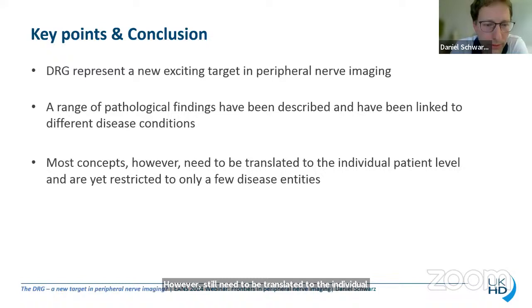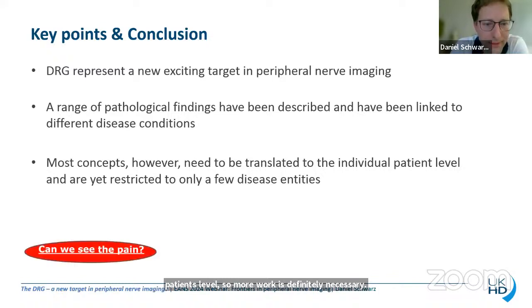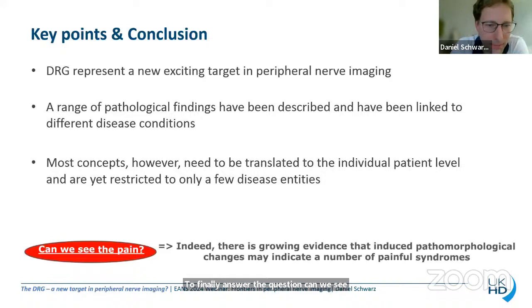So more work is definitely necessary to finally answer the question, can we see the pain in clinical routine? So for now, we need to answer, okay, indeed, there is growing evidence that we may see the pain indeed, but we need to have a look at the right findings and concepts in different disease entities.